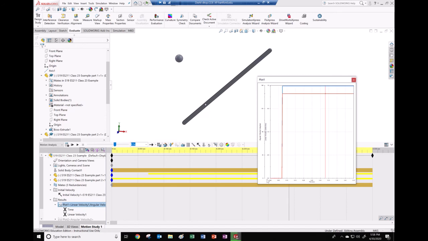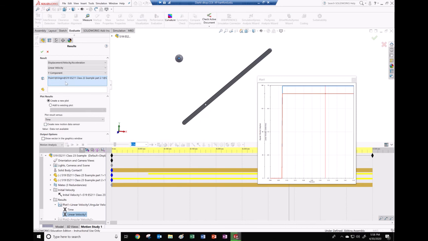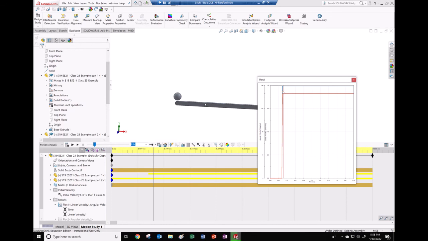I'm not sure which ones these are. I got to double check right here. I have a plot on top of a plot, right? So I have this guy right here. It's the point. Okay, so that's plotting out this one right here, that linear velocity. I'm not sure what this other guy is, what his purpose is, that blue one.